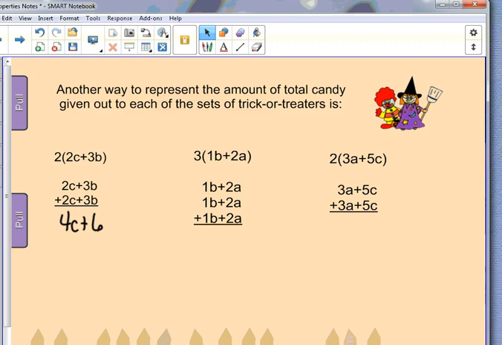Bag 2, you do 1 bubble gum, 2 apples. Bag 3, you do 1 bubble gum, 2 apples. How many bubble gums have you given away? 3. How many apples? 6. Okay, it's 9 total pieces, but it's not 9 of all the same things. So you can't say I gave away 9 of all of them. You have to say I gave away 3 bubble gums and I gave away 6 apples.